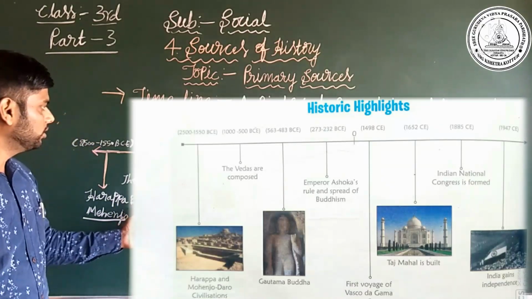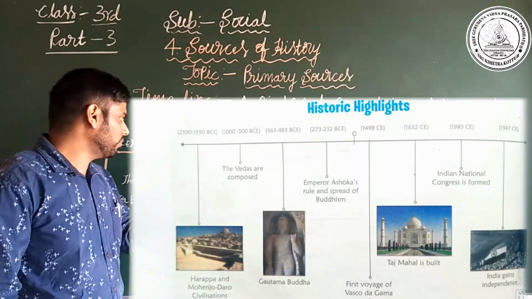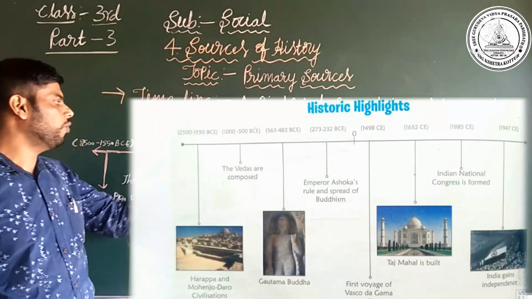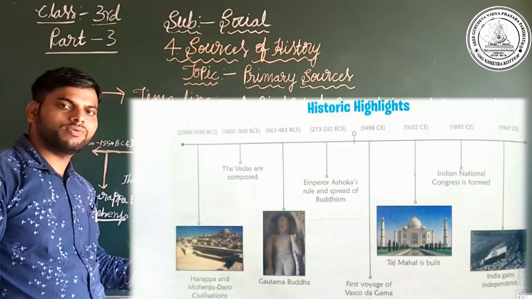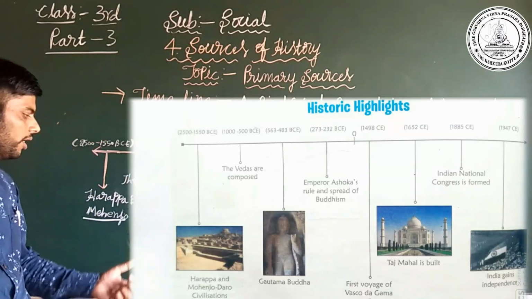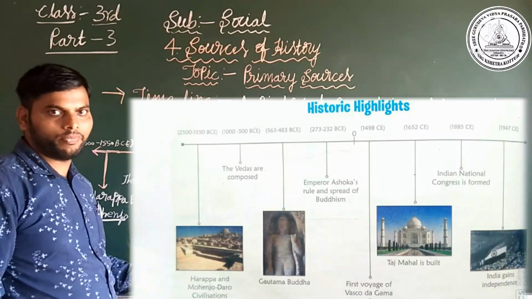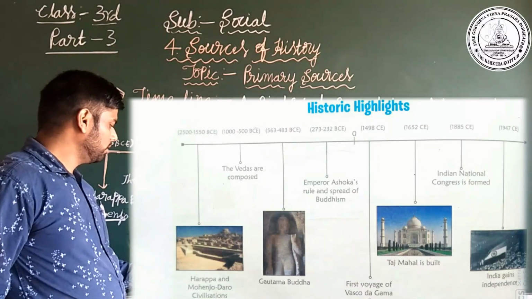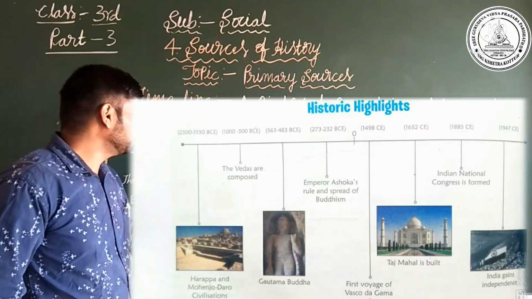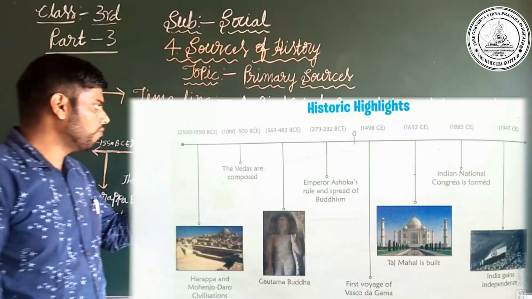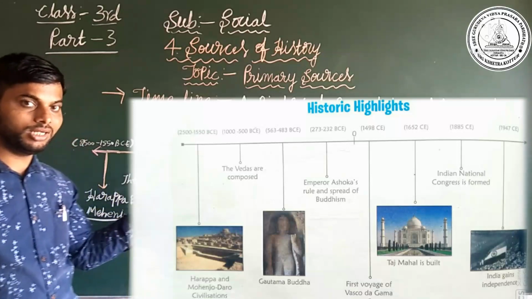Then, in the period 563 to 483 BCE, lived Gautama Buddha, whom we call the Light of Asia. That is important.